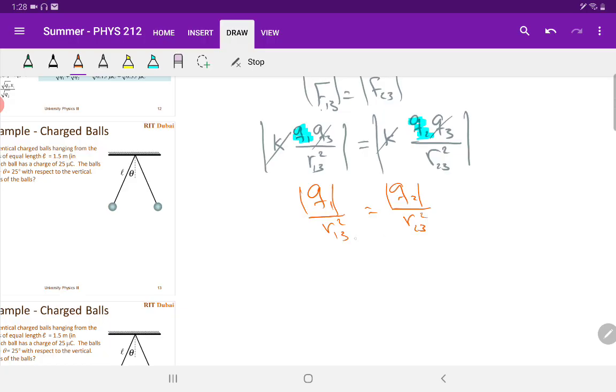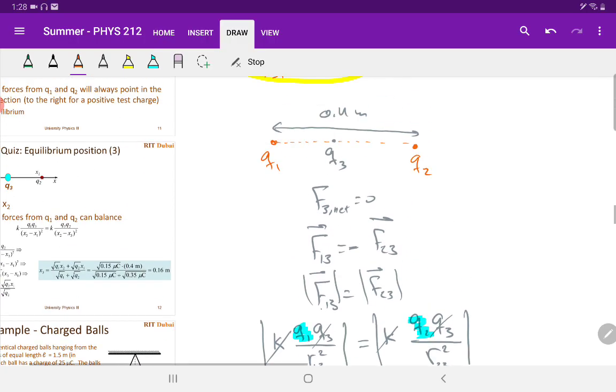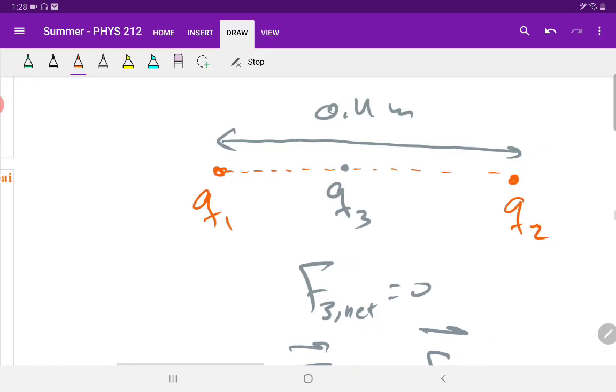Now, how can you find R13 and R23? R13 is this one, and R23 is this distance. So this is R23, this is R13.